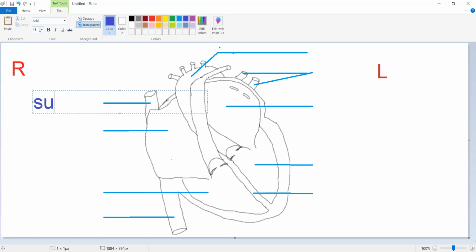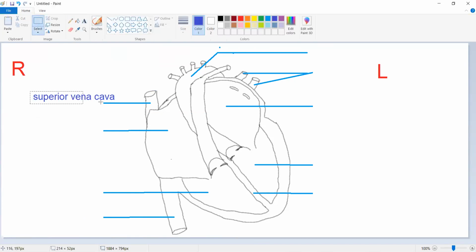Oops. It's smaller. All right, where's the inferior vena cava? At the bottom.